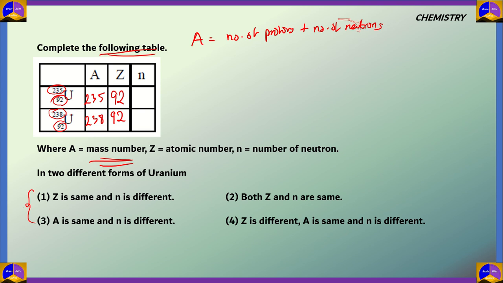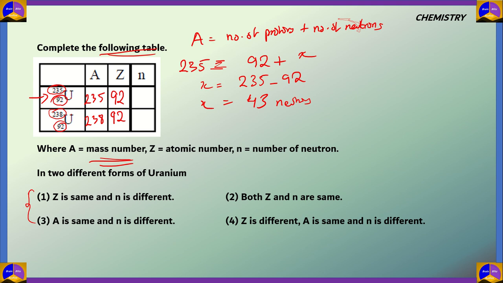And we know that the number of protons in an atom is always equal to its atomic number. So if we consider the first case, 235 would be equal to 92 plus number of neutrons, that will be X. Then X will be 235 minus 92, which is equal to 143. This means there are 143 neutrons in the first given uranium.